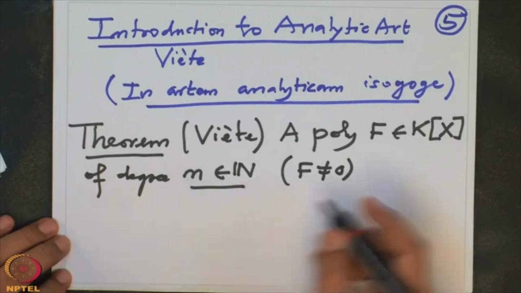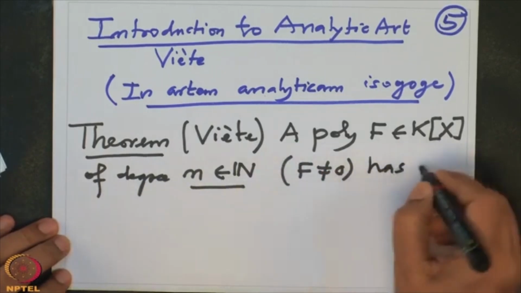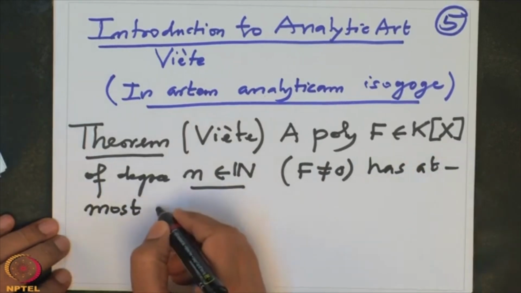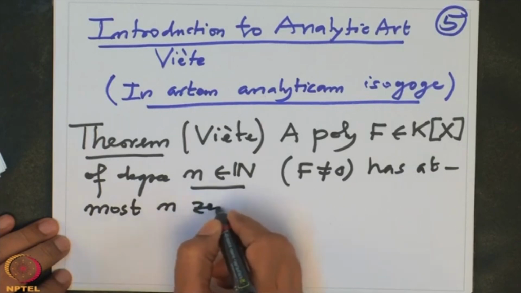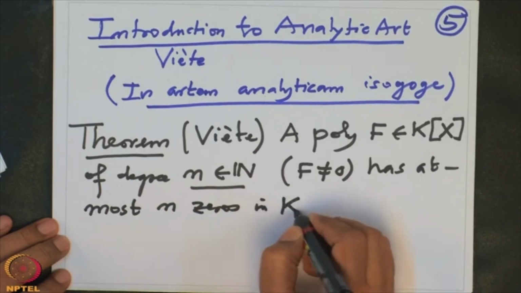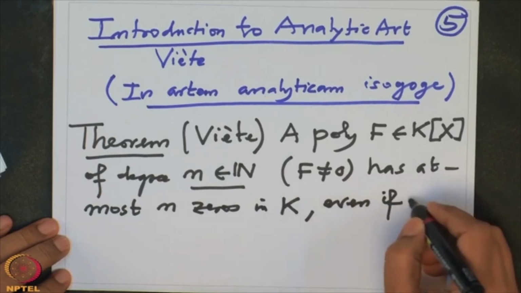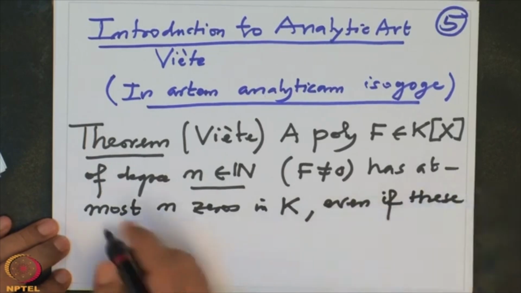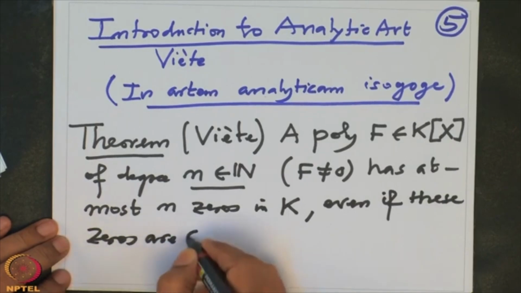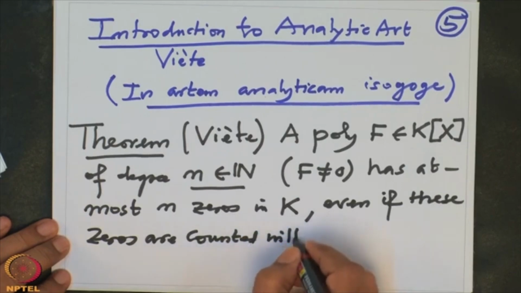So a polynomial of degree n has at most n zeros in K, even if these zeros are counted with multiplicities.